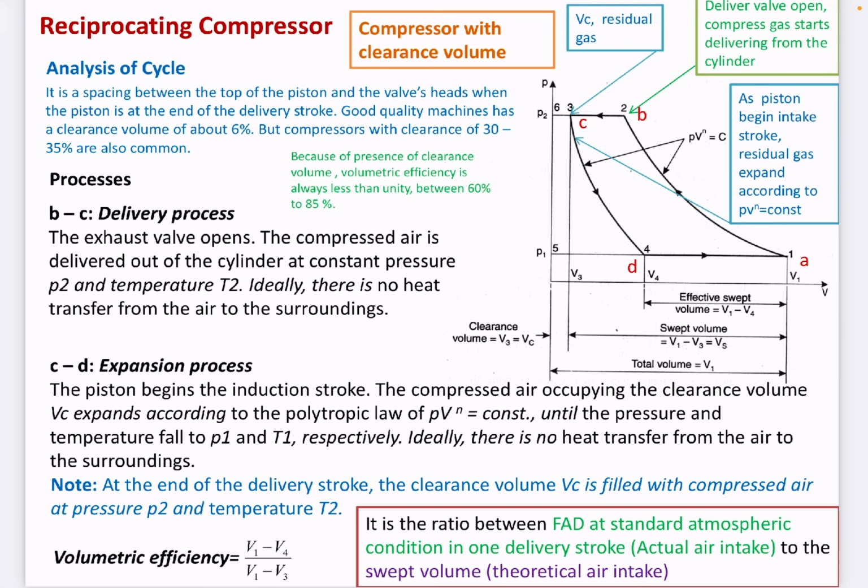So V1 minus V4 upon V1 minus V3, this ratio is known as the volumetric efficiency. So the volumetric efficiency is nothing but the ratio between the actual volume, which is the free air delivered, upon the swept volume, which is the theoretical air which the compressor should suck in.